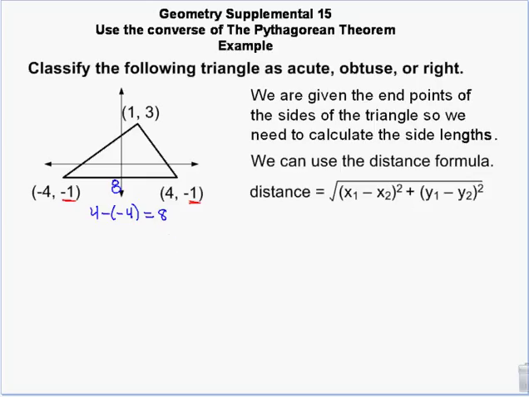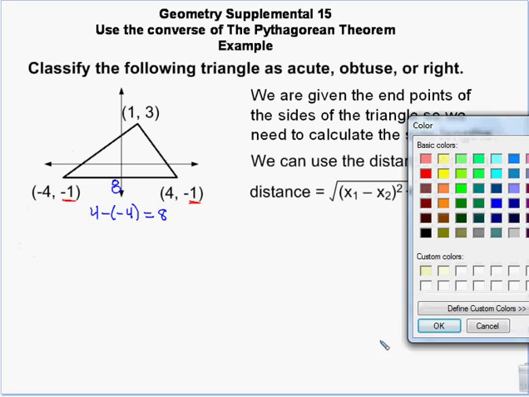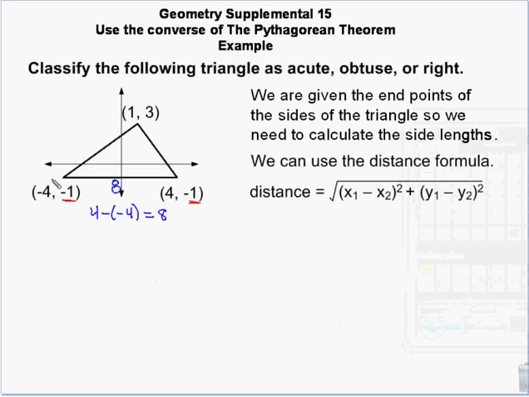Okay. For the other two sides, I'm going to need to actually calculate the length using the distance formula. So this side here, let me do different colors. We'll do purple. We're going to do this length over here in purple. And so I take the distance formula. So I have the square root of, I'll just say this is x1, x2, y1, y2, doesn't matter which.